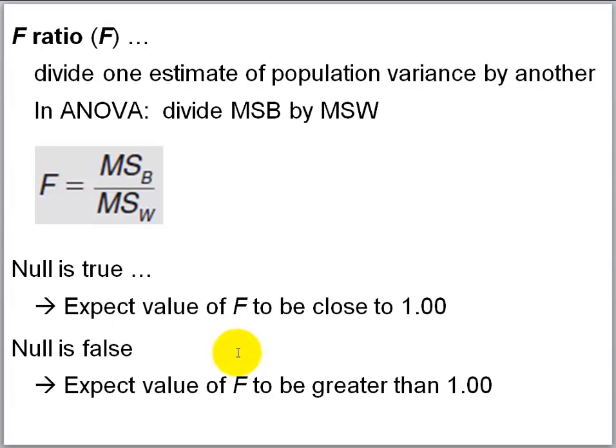When the null is false, we expect the mean square between to be larger than the mean square within, and thus we expect the value of F to be greater than 1. At some point, and this differs in different situations, the value of F becomes sufficiently greater than 1 that we reject the null of equal population means.